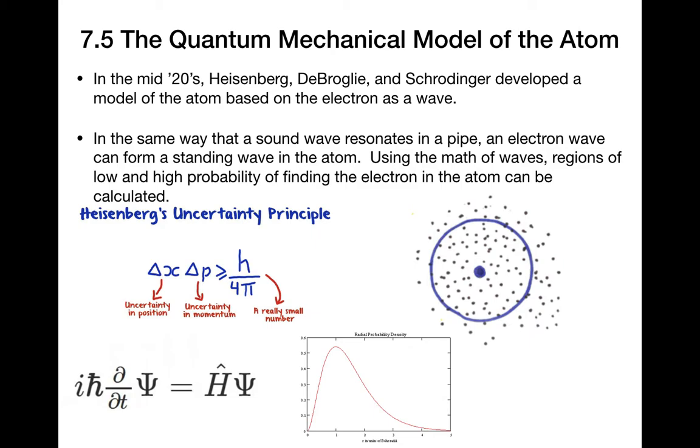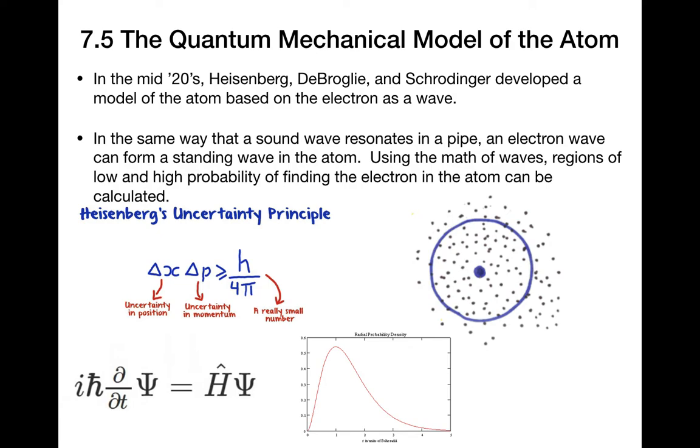But the main scientist who is credited with the quantum mechanical model of the atom, or the cloud model of the atom, is Erwin Schrodinger. Schrodinger does some differential equations that describe the electron as a wave within the atom.